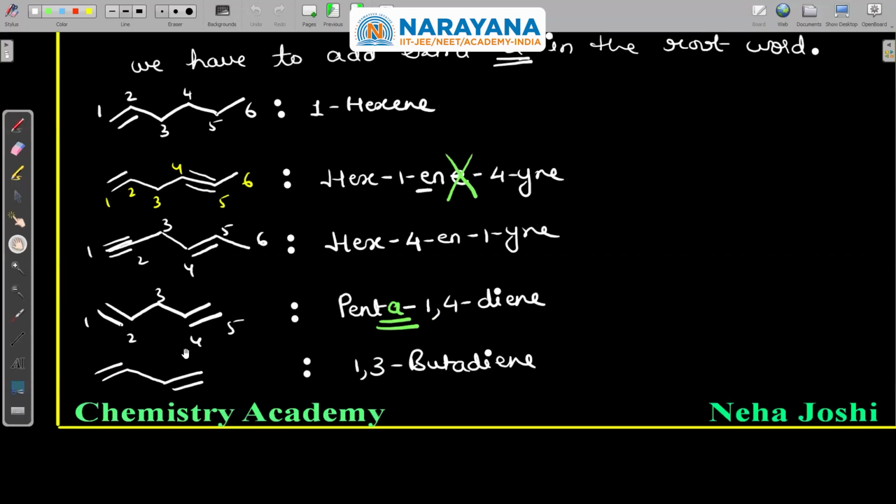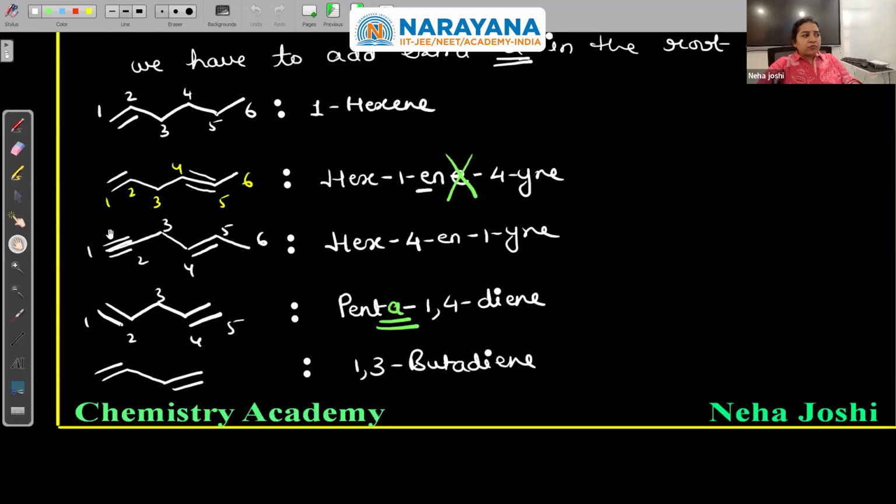Yes, ma'am. These are solving the same way. Only if the set is not followed, then I will do this thing where yne is preferred. But here I made an immediate example so that it is not about preferring yne over ene or ene over yne. It is just following the locant rule always.